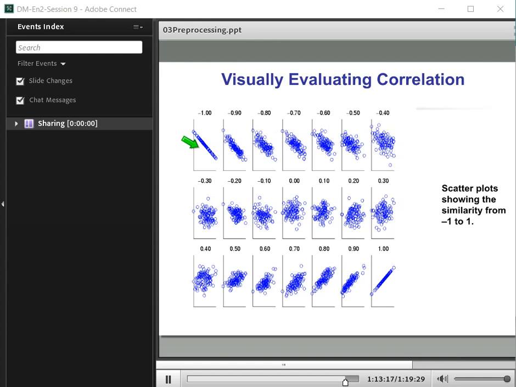Here we can see in positive or negative correlations, increasing one of them will increase or decrease the second one. They have a very specific behavior related together. They are completely related together.